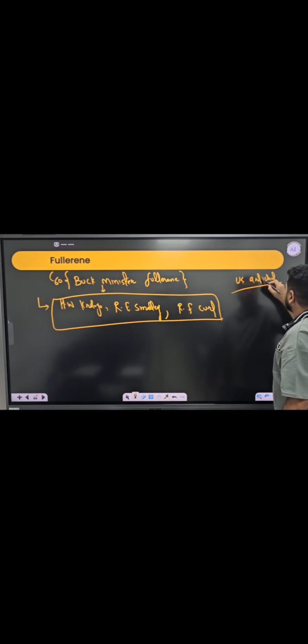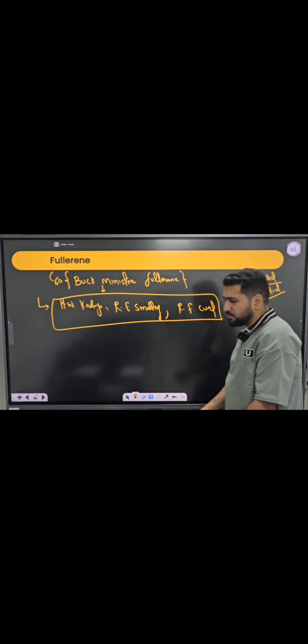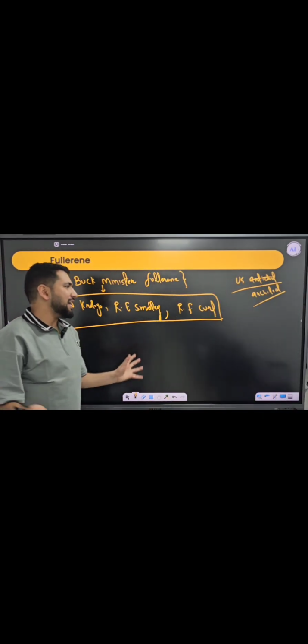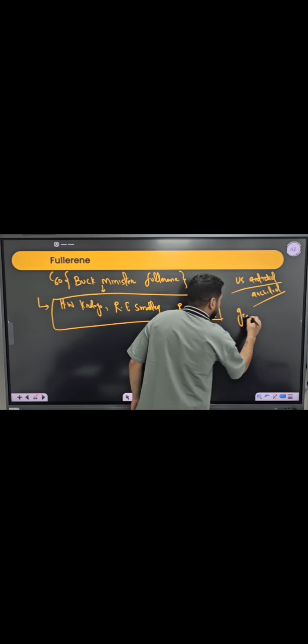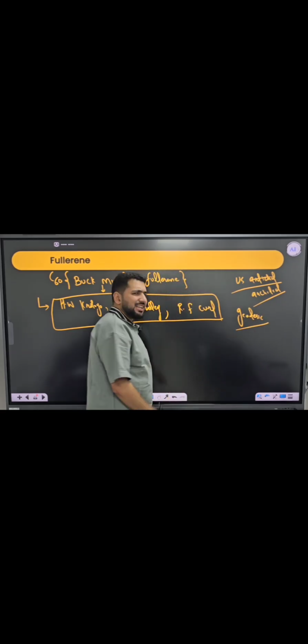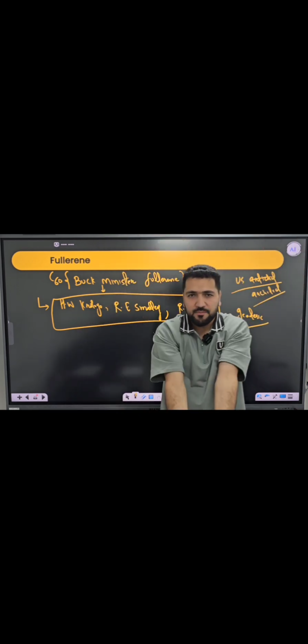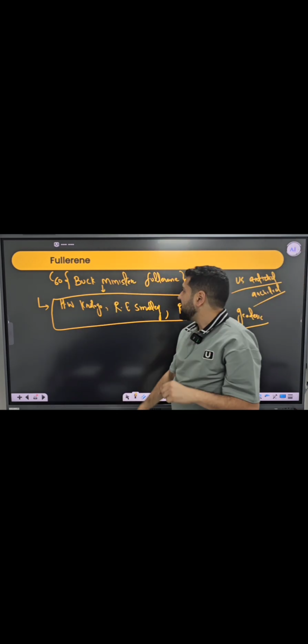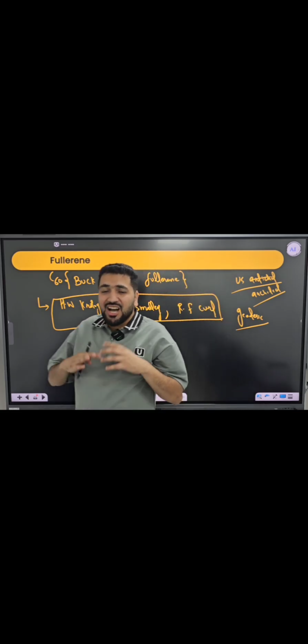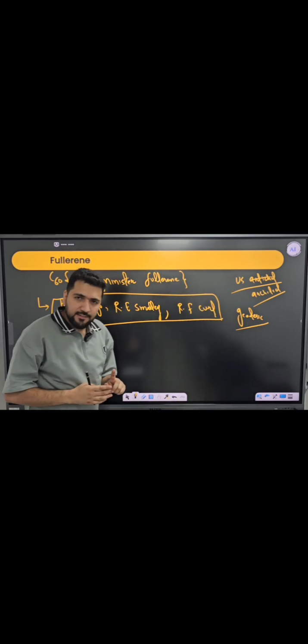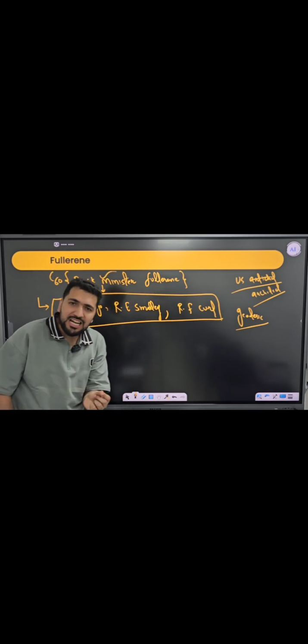He was simply an architect, and he designed many domes, particularly the geodesic dome, right? And these three, once they went to one conference hall whose dome was designed in the same way, they basically got the concept of C60 from that. They drew the structure of C60 from that, right? And that dome structure was made by Buckminster Fuller. So that's why they call this particular type of fullerene Buckminsterfullerene. But the concept has been designed by these three.